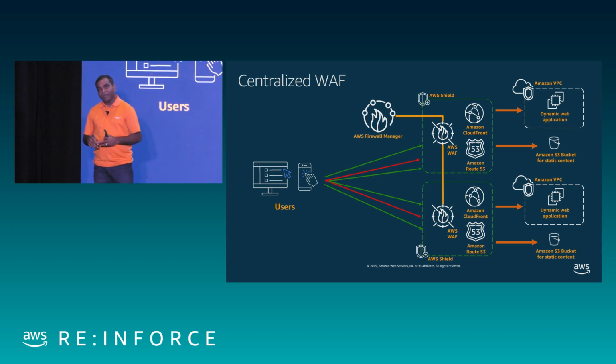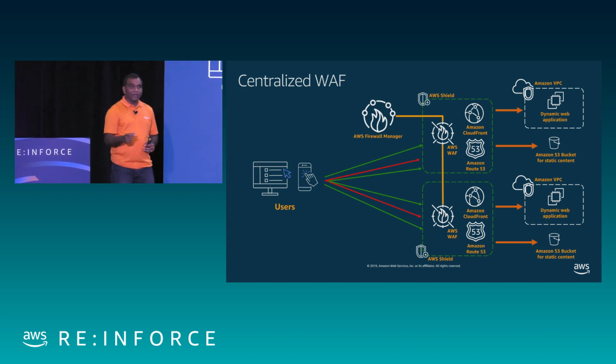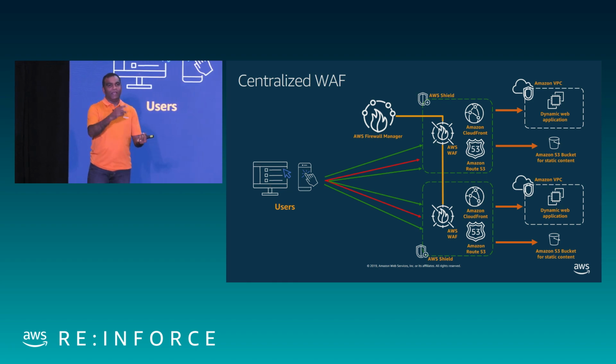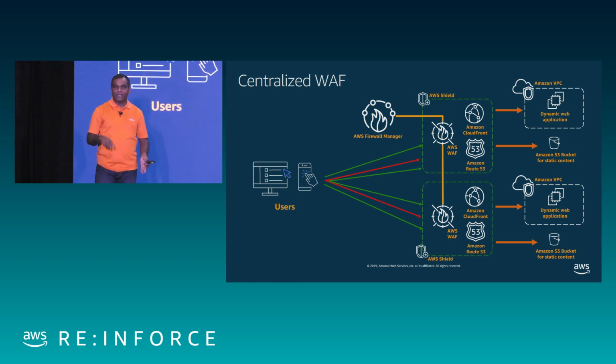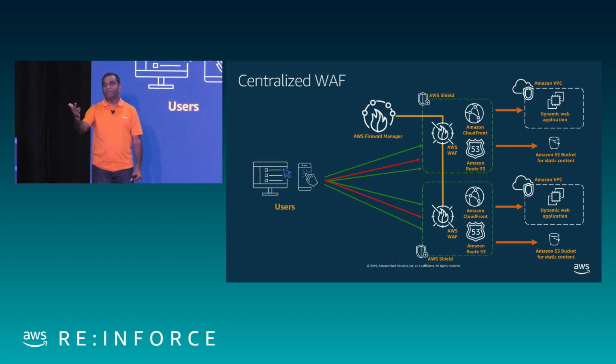WAF is really to protect your edge, because your applications, whether they're web applications, microservices, public-facing websites or mobile apps, have to launch CloudFront distributions, or they may be using load balancers with ALBs or ELBs. So you have to make sure that for any public-facing edges, you are pushing your WAF rules from one place. That's where one centralized WAF comes into the picture.